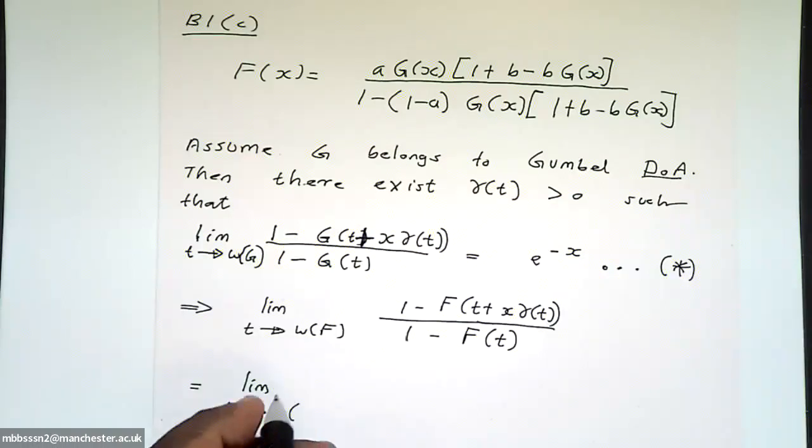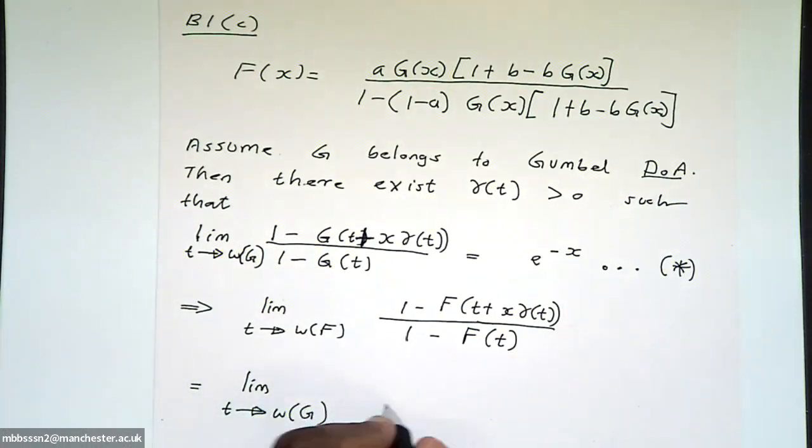I'm going to change WF to WG because you're told that you can do it. The question says that you can, in the beginning, you can change WF to WG.